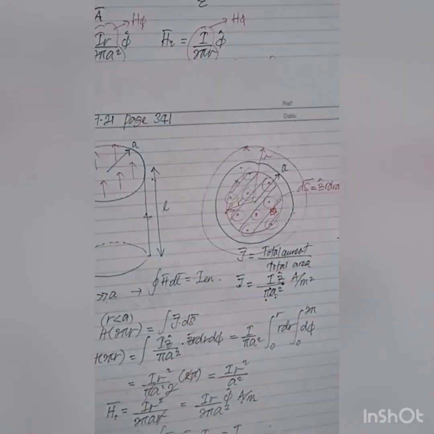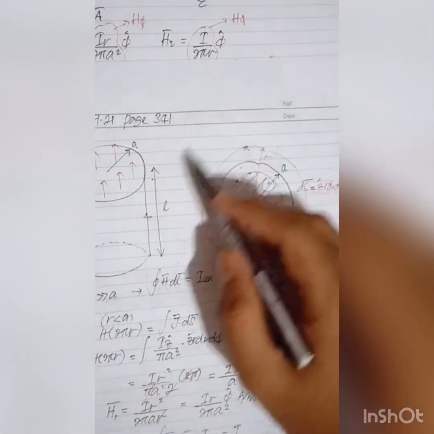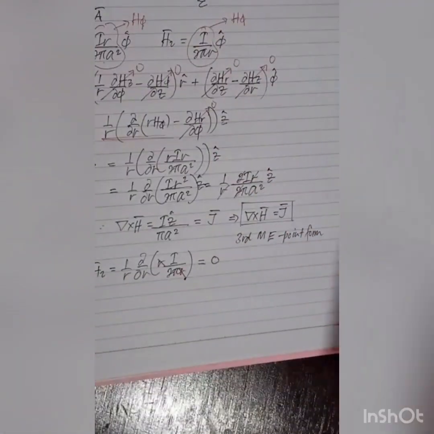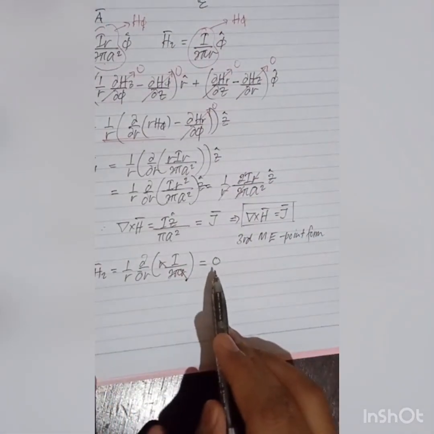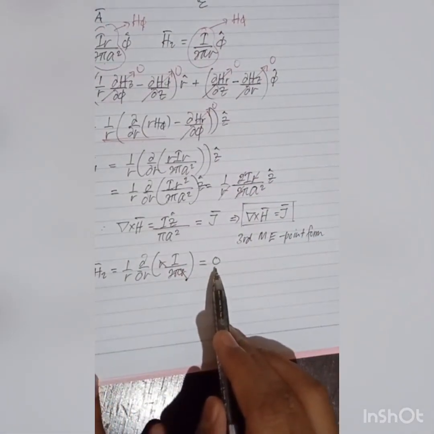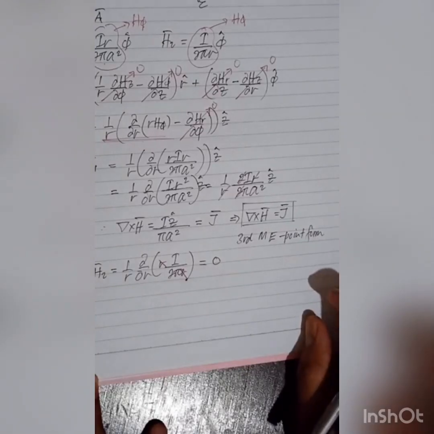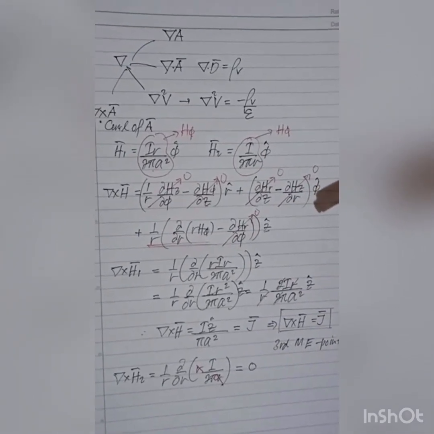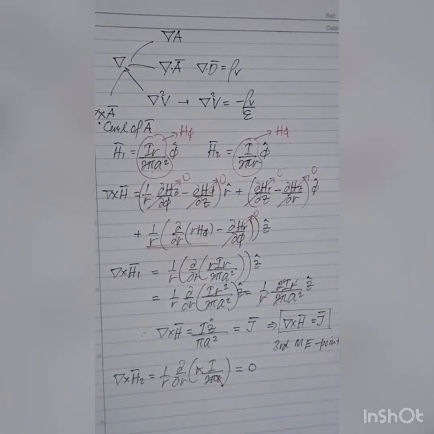Because we don't have any current outside the conductor. So that's why for this operation we have 0, which shows us that there's no current outside the conductor. Okay guys, so that's the idea. I hope you can try yourself and make sure you redo it. If you have any questions, you can just ask me at any time. Okay, so thank you and all the best.